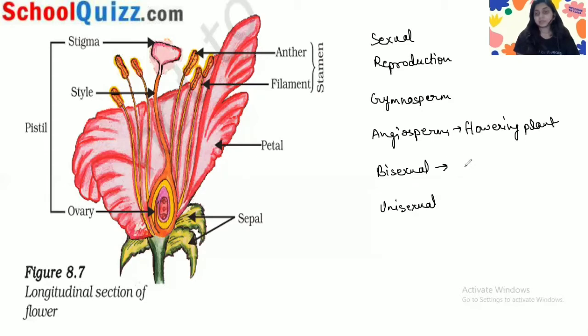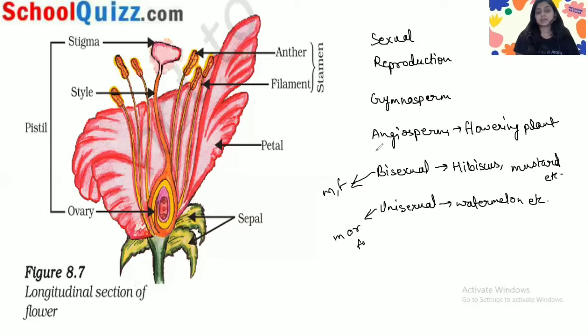Bisexual, like hibiscus or mustard, etc. And unisexual, like watermelon, etc. So these are the bisexual and the unisexual. What is happening in the bisexual? In this, both the male and the female parts are present, while in unisexual it can be male or female parts only.